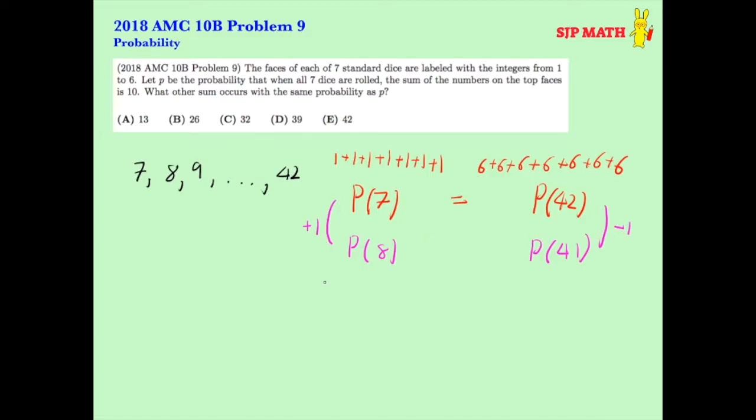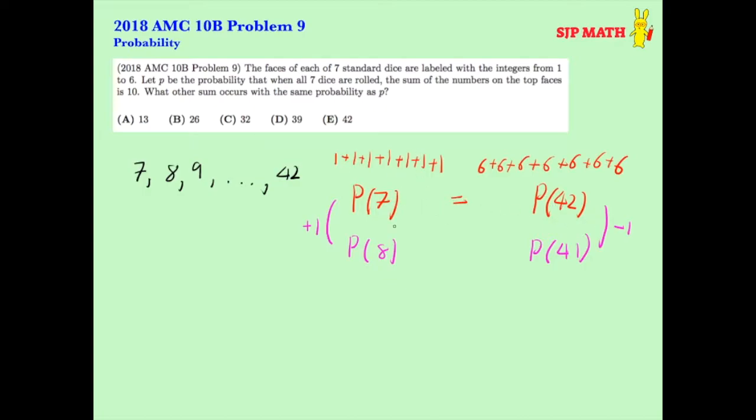So we know that by counting, the number of ways to add a 1 is the same as the number of ways to take away a 1 from something. So the number of ways to add a 1 and the number of ways to take away a 1 is the same. And we know that the probability of getting a sum of 7 and the probability of getting a sum of 42 is the same. So, I'll just summarize that again.